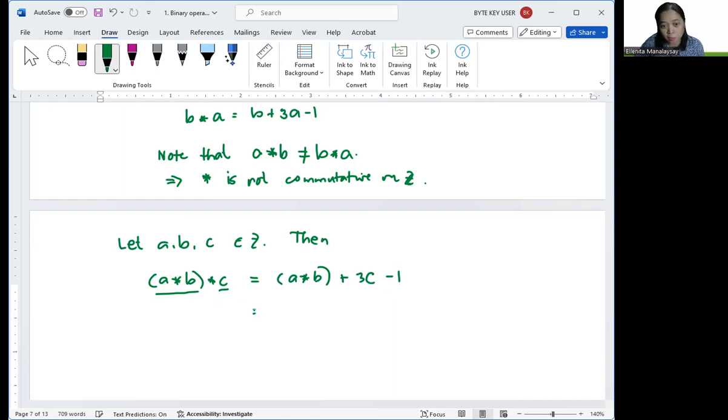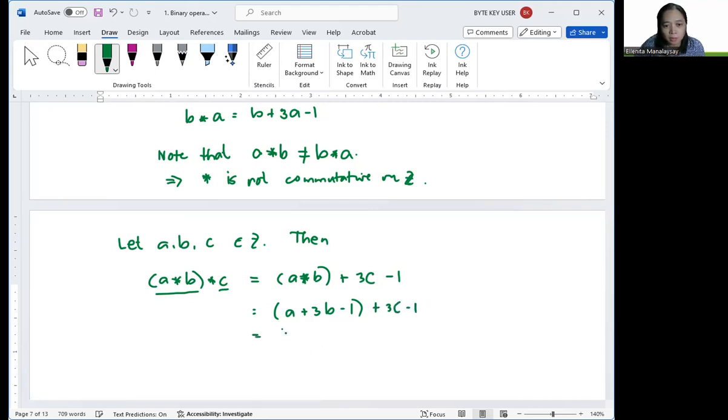Next, we can expand this further. So we perform star in A star B. How do we do that? We take the first term plus 3 times the second term minus 1, and then copy the remaining terms, plus 3c minus 1.